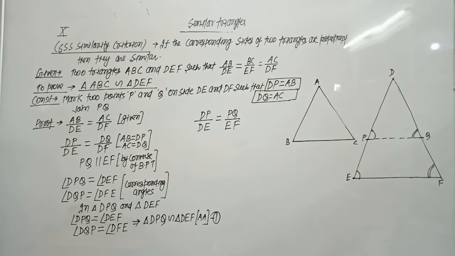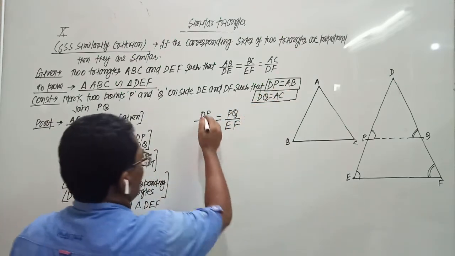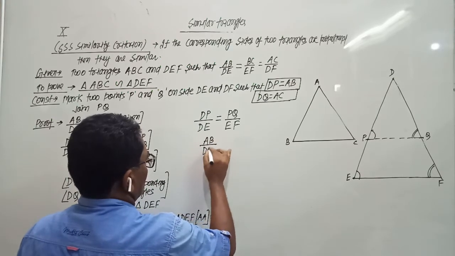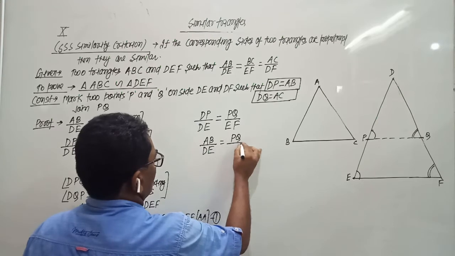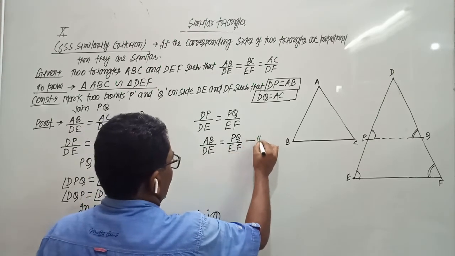And in place of DP, we can write AB. So AB upon DE equals PQ upon EF. And name it second equation.